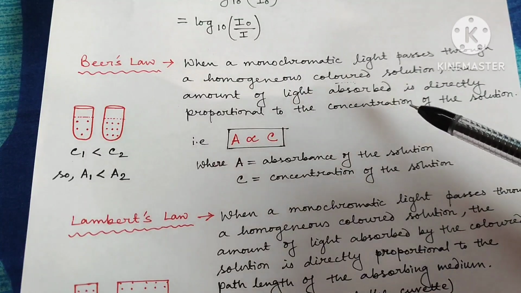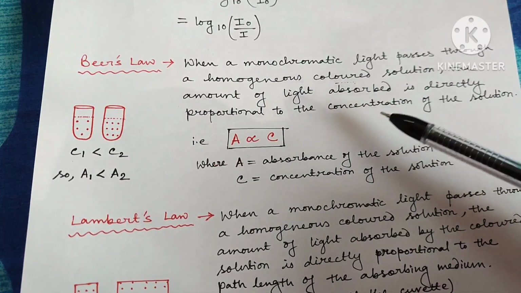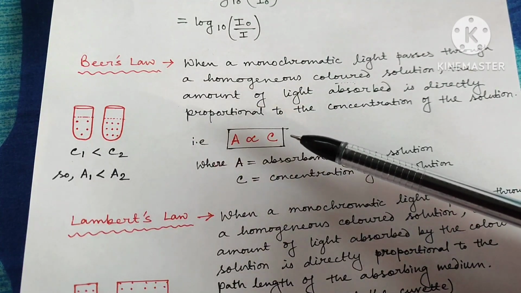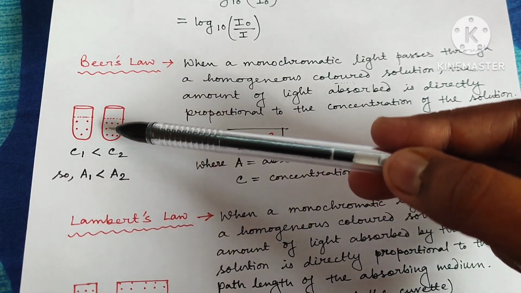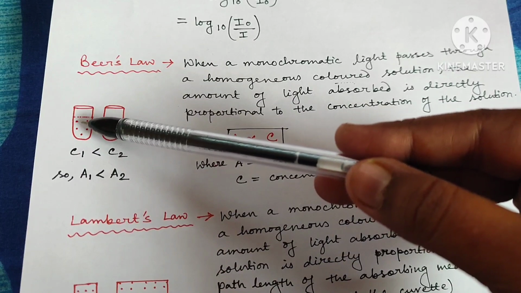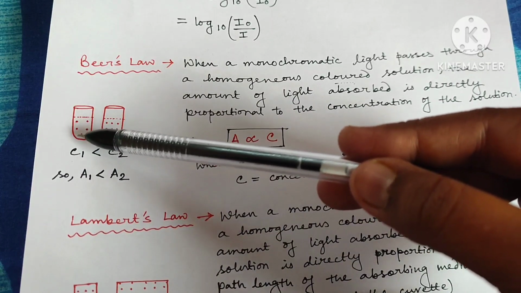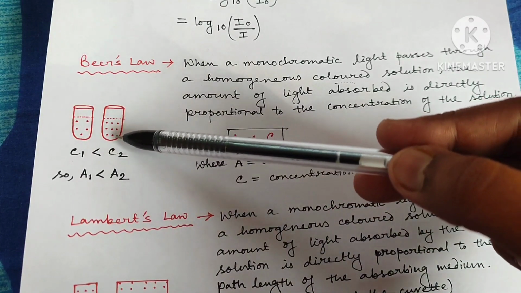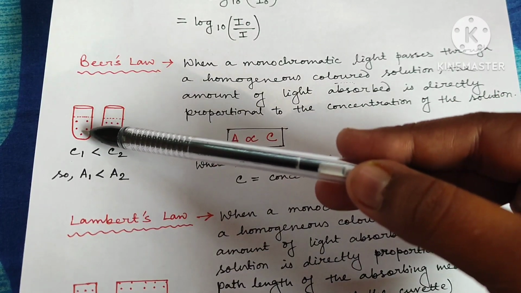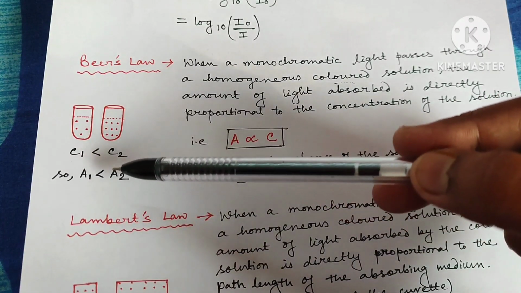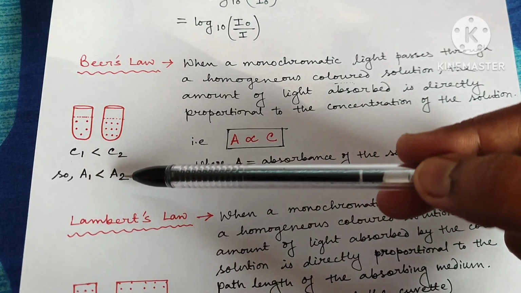That means if the concentration of the solution is more, more light will get absorbed. See here, there are two test tubes, 1 and 2. The concentration of solution in test tube 1 is lesser than the second tube, so obviously the light absorbed by the first tube will be lesser than the second tube. So A1 is lesser than A2.